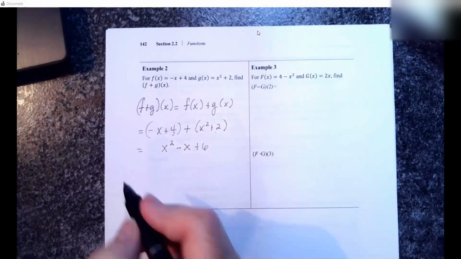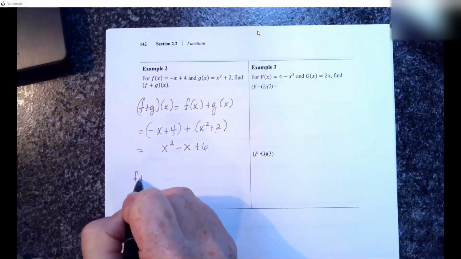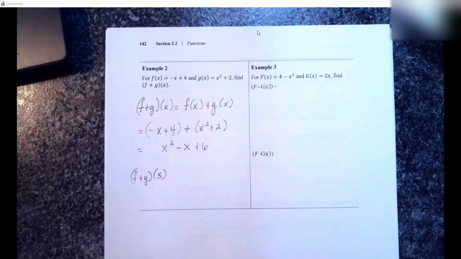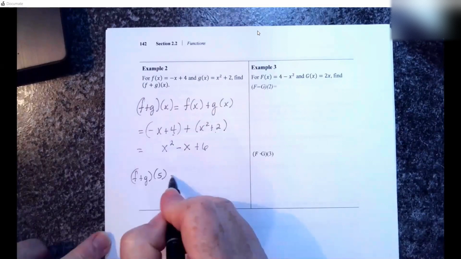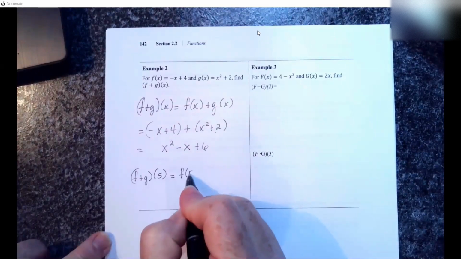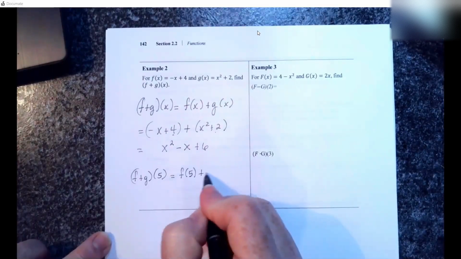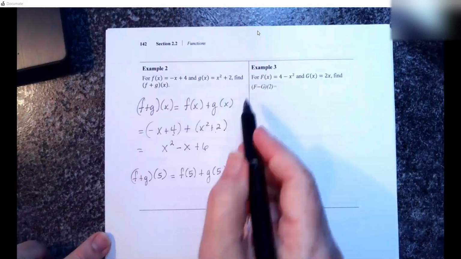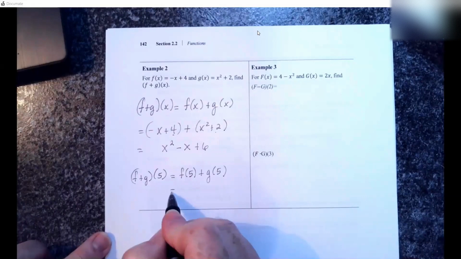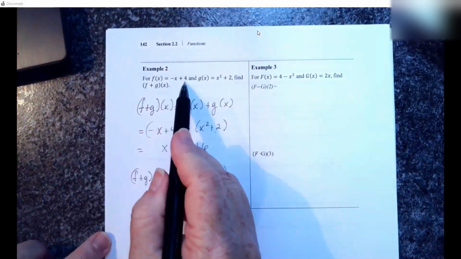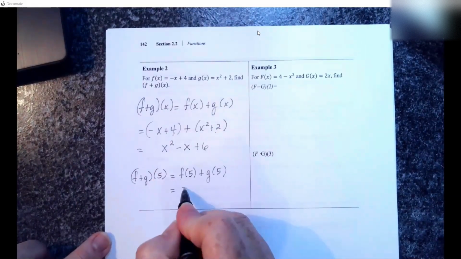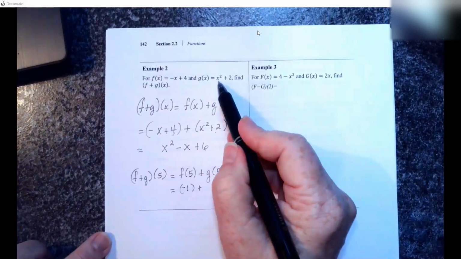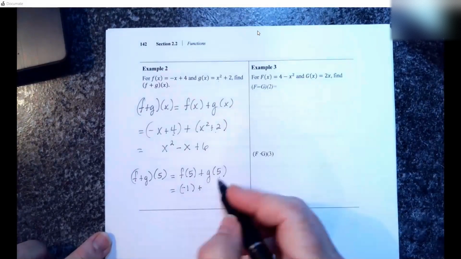Now, in this particular case, I just asked for f plus g of x. We could have asked for something like f plus g of 5. Couple ways you could do it. If you don't already have this part, you could go back and say that's going to be f of 5 plus g of 5. Plug those in separately, and you would get f of 5 is negative 5 plus 4, which is negative 1. And g of 5 is 5 squared plus 2, or 27.